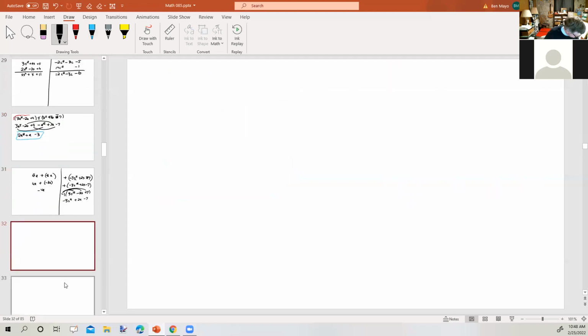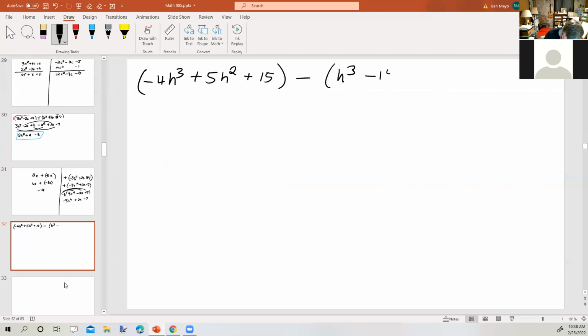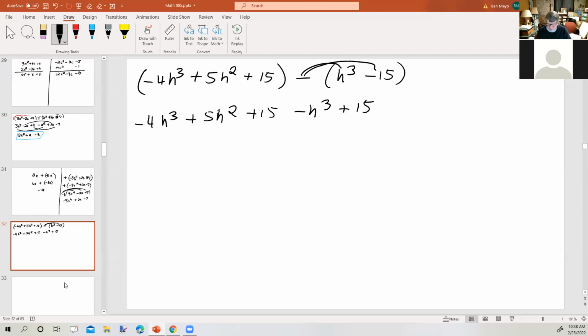Okay, let's see here. Negative 4h cubed plus 5h squared plus 15 minus the quantity h cubed minus 15. So I'm going to get negative 4h cubed plus 5h squared plus 15, and then minus h cubed plus 15.